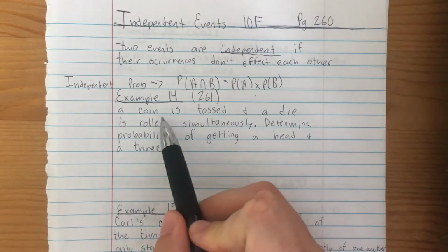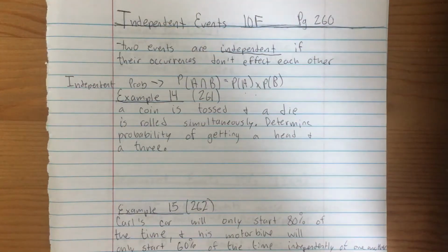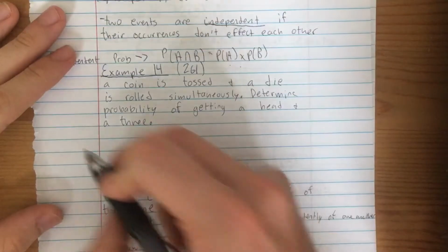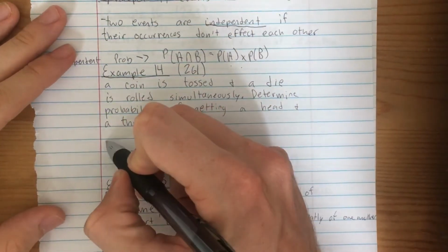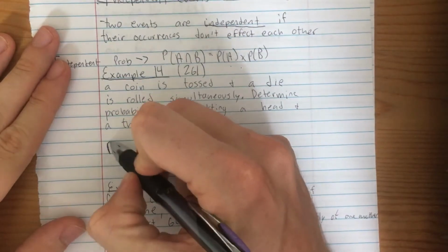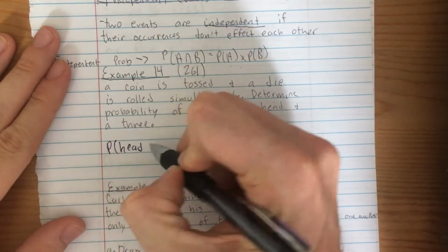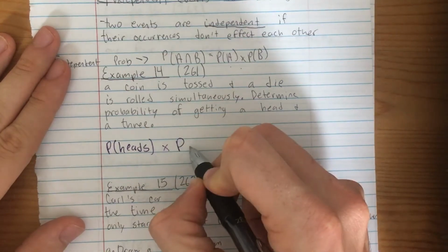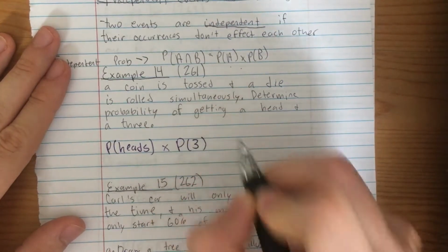So we've got a coin is tossed and a dice is rolled simultaneously. Determine the probability of getting a head and a 3. So to do that, the probability of getting a head and a 3 is just going to be the probability of heads times the probability of getting a 3.